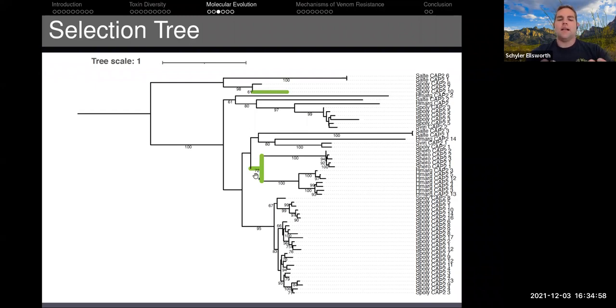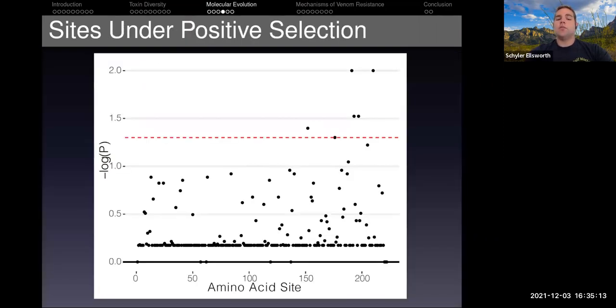I then wanted to look at a slightly finer scale again. So I wanted to see if there were proteins that were evolving on a site-by-site basis, or on the amino acid level. And so I was able to do a selection analysis where I looked for evidence of positive selection across the entire protein, which is shown here on the x-axis, and then I have the p-value plotted on the y-axis.